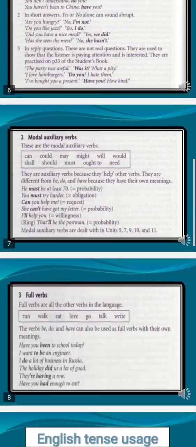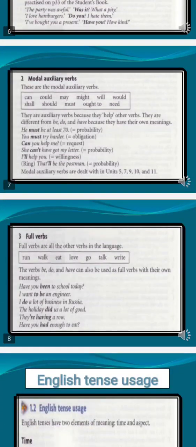Number 2, modal auxiliary verbs. These are the modal auxiliary verbs: can, could, may, might, will, would, shall, should, must, ought to, need. They are auxiliary verbs because they help other verbs. They are different from be, do, and have because they have their own meanings.